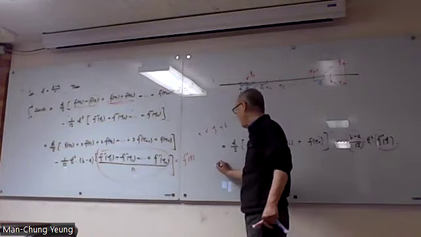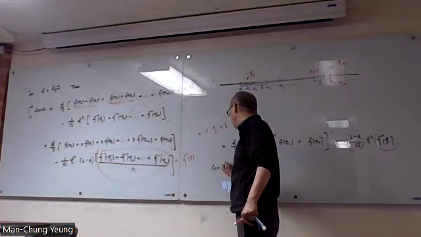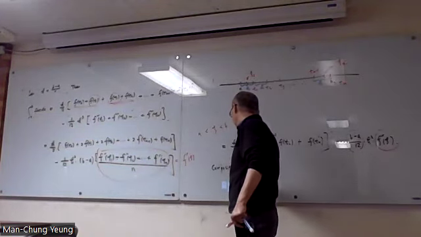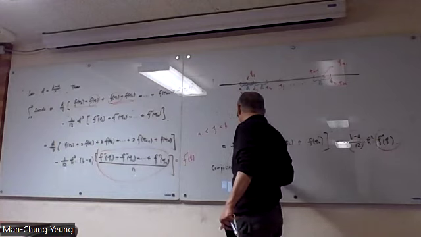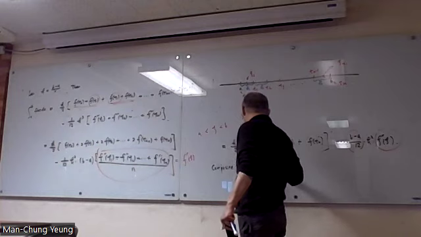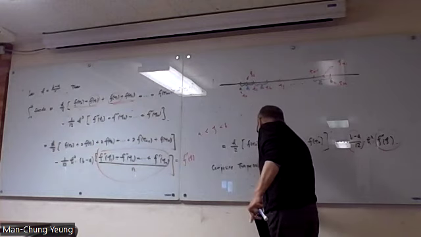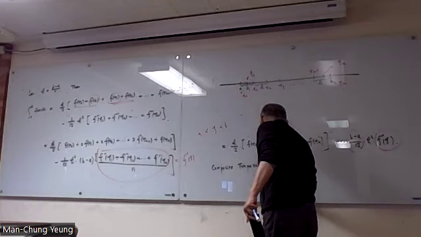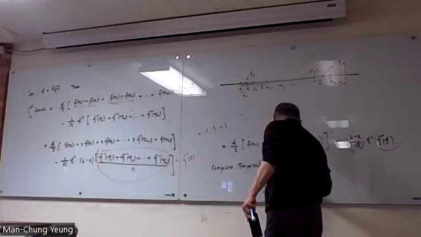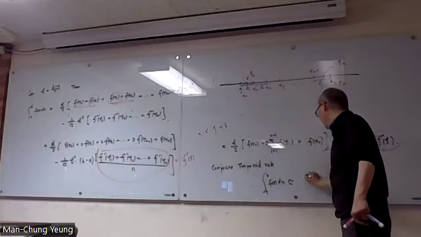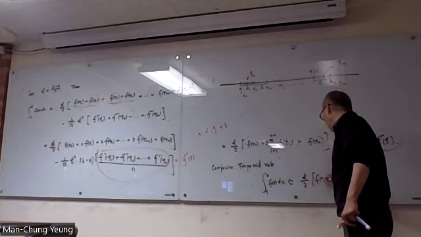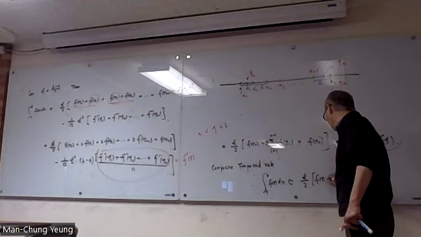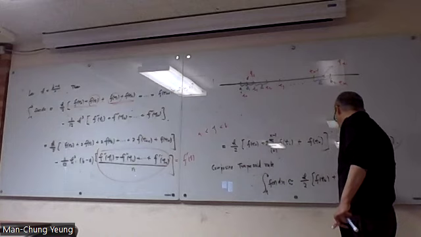This is a composite trapezoid rule. The formula is again to take the integral AB. Roughly it is H over 2 times F T0 plus 2 summation i from 1 to n minus 1.